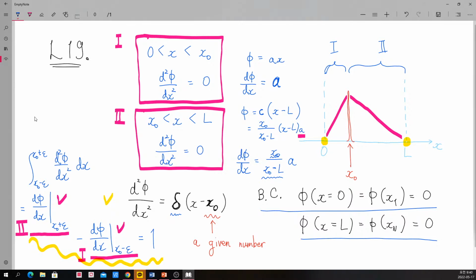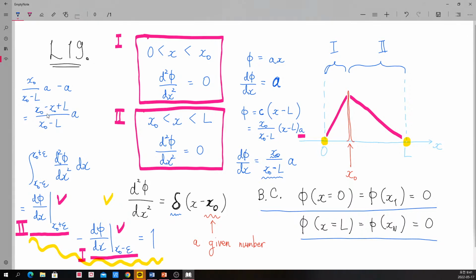So let me write down here: in region 2 our first derivative becomes x naught minus L times a, and our region 1 derivative is given by just a. So when we collect them all, we will have x naught minus L, x naught minus x naught plus L, times a.